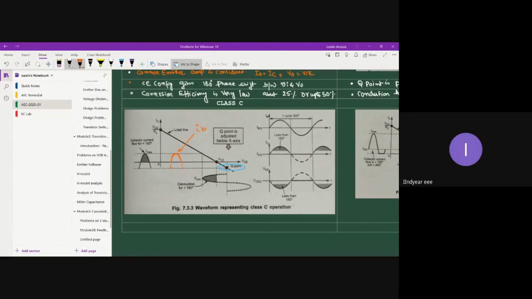So this is the observation. The conduction angle is less than 180-degree, and the Q point is found below the cutoff region.